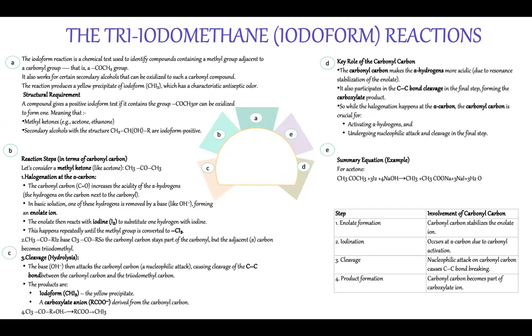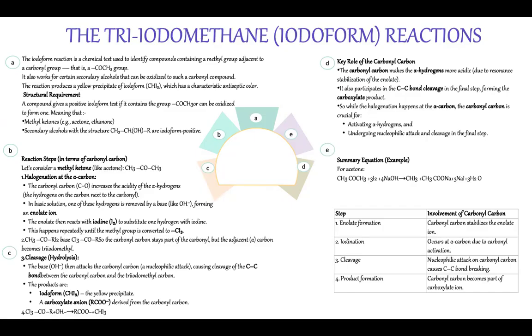And then a secondary alcohol with the structure CH3-CH(OH)-R is also iodoform positive. In terms of the reaction steps, let's consider a methyl ketone like acetone, CH3-CO-CH3, the chemical formula.